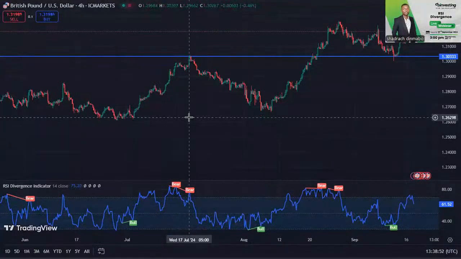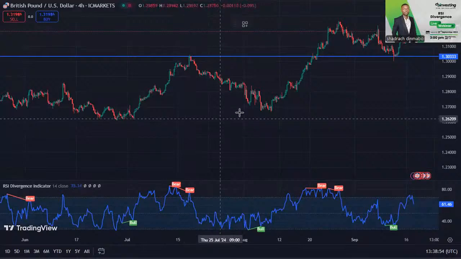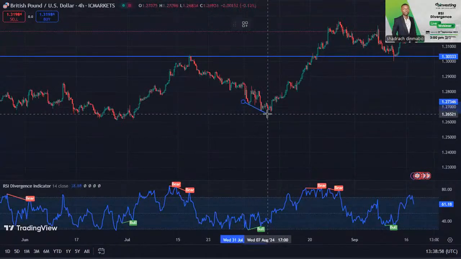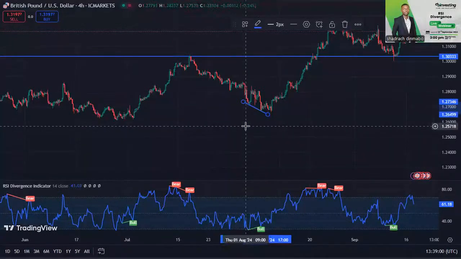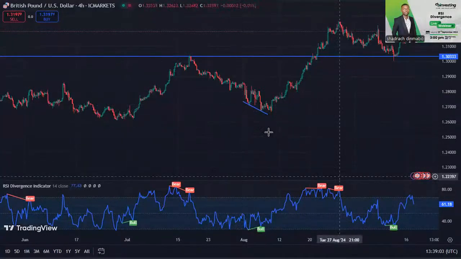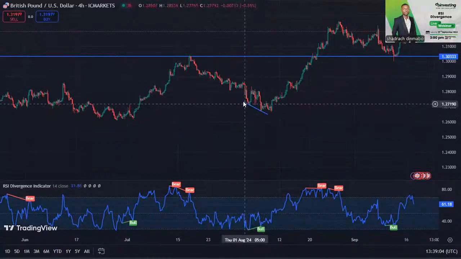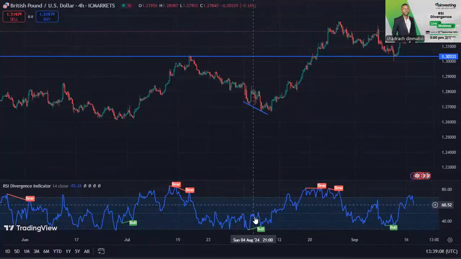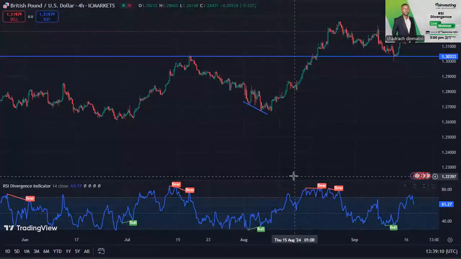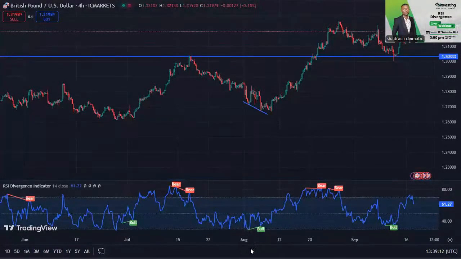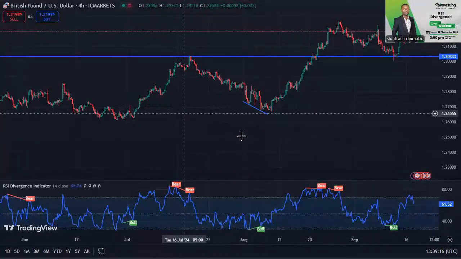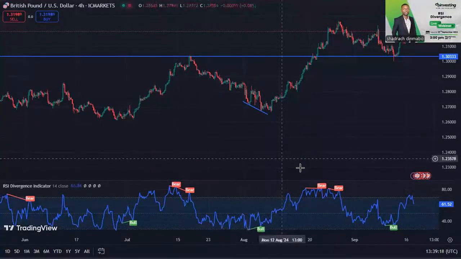The market is dropping here, making a lower low. Meanwhile, our RSI is making a higher low here. Can you see that? So that means we have a divergence here.